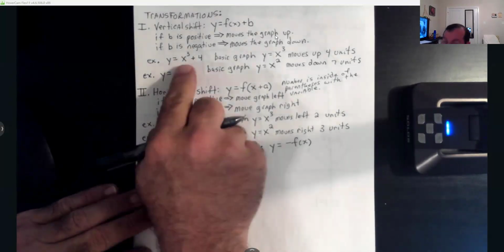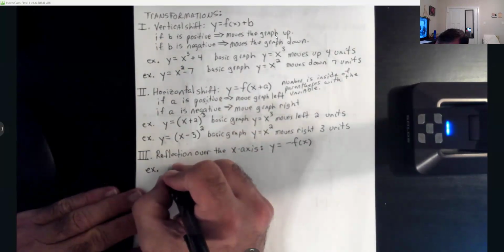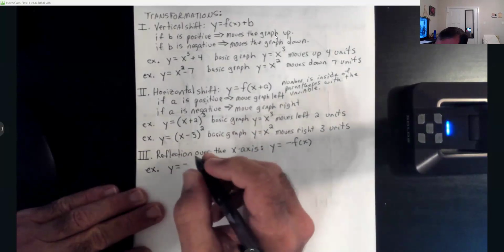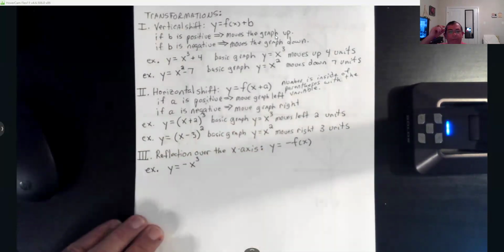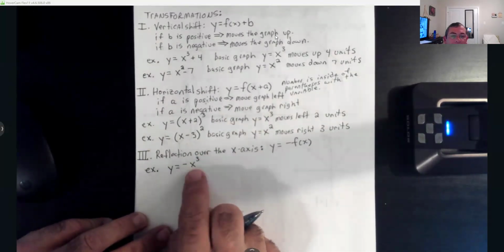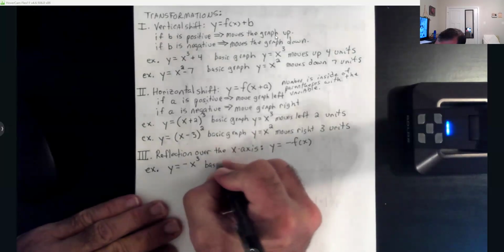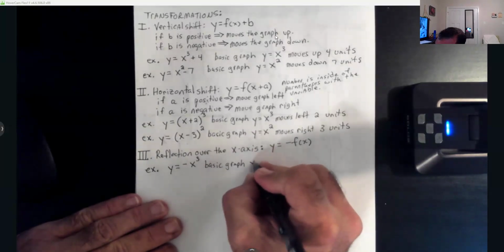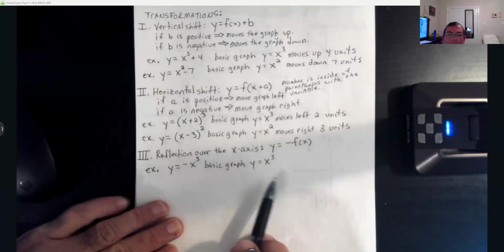So y'all, let me mess with that cube again. What if I have y equals negative x cubed? So I see the exponent of 3, so that means my basic graph would be y equals x cubed.